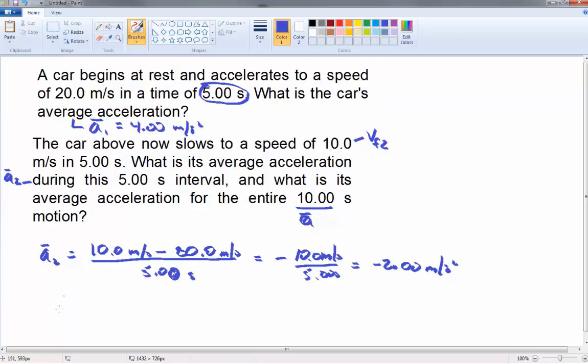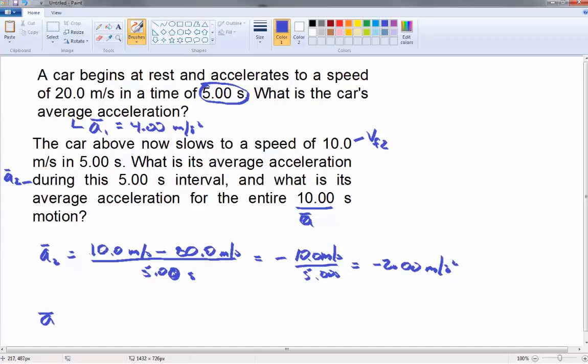Okay, if we want to find the average for the entire interval, what do we do? Well, you may be tempted to say the average for the entire interval is this plus this divided by 2. And if you were to do that, you'd have 4 minus 2, which is a positive 2. Then divide that by 2, you'd end up with 1. However, that is not the correct way of doing this.